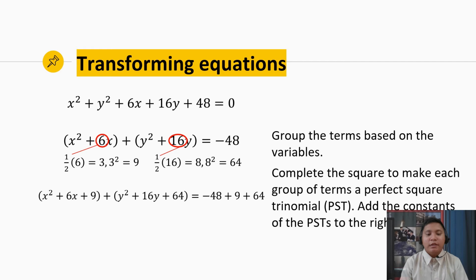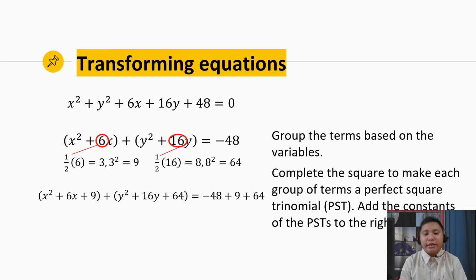So our new equation would be x squared plus 6x plus 9 plus y squared plus 16y plus 64, in which both of them are perfect square trinomials, is equal to, so we add now the constants, negative 48 plus 9 plus 64.